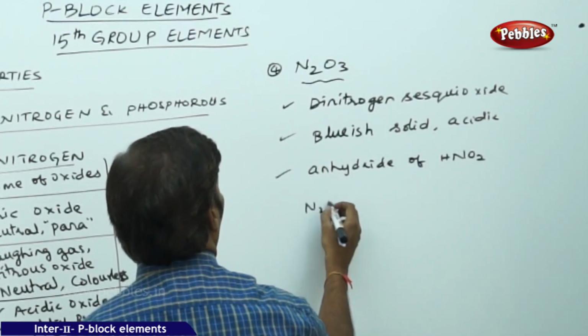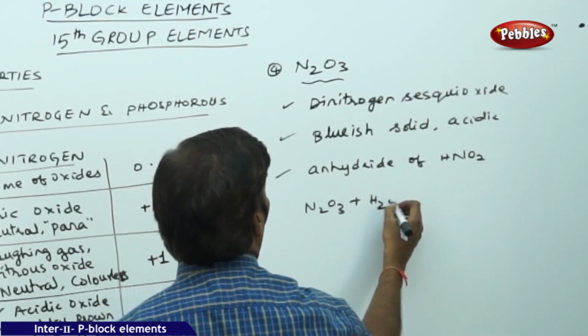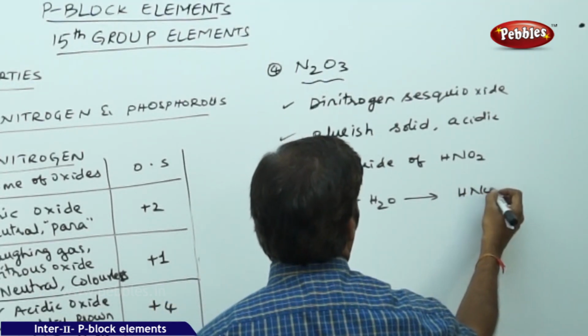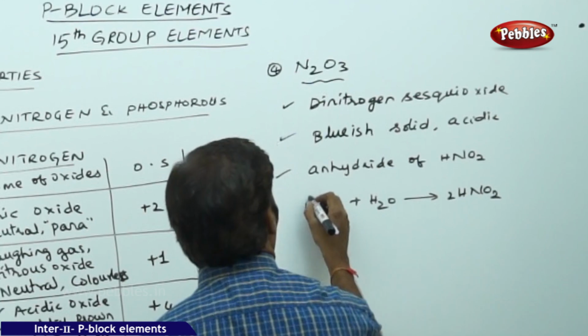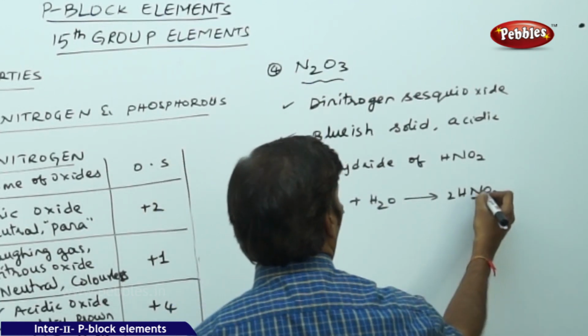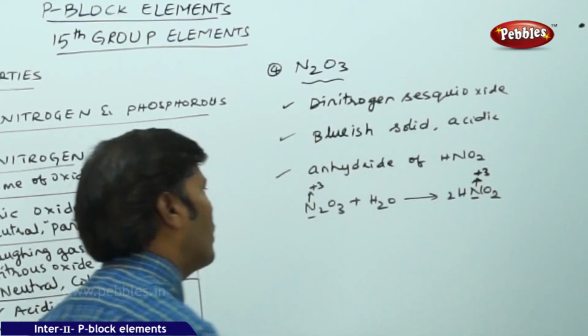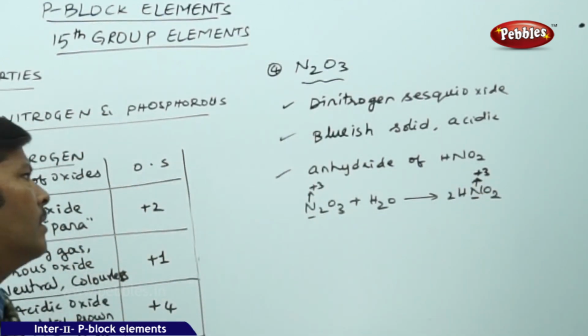If you take N2O3 and hydrolyze the dinitrogen trioxide, you are going to get HNO2. Here the nitrogen is plus 3, and in N2O3 it is also plus 3 for both the nitrogens. So it is a direct anhydride of nitrous acid.